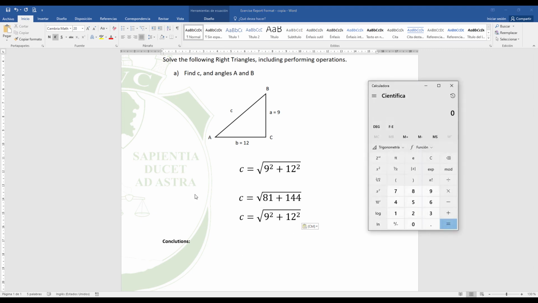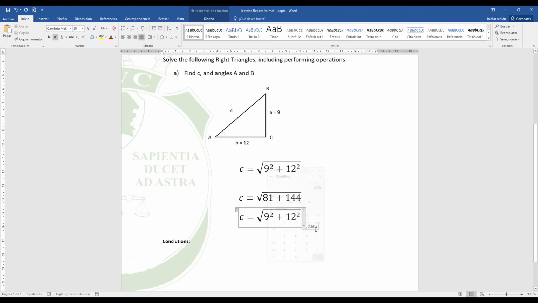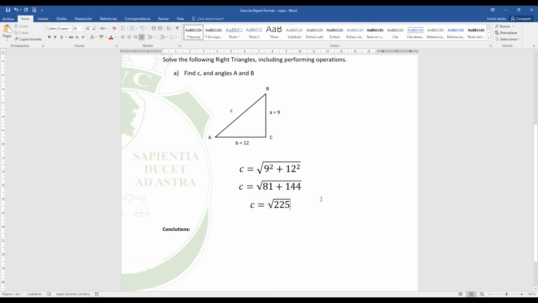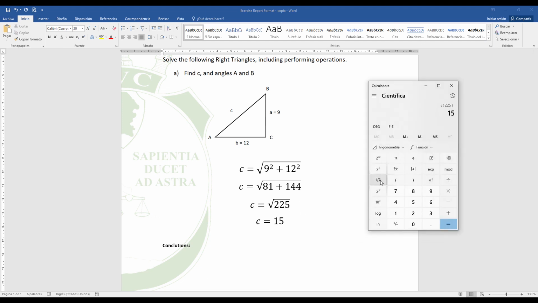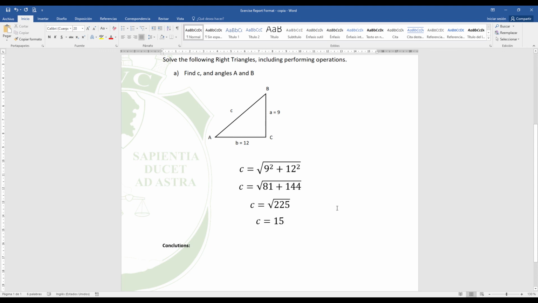Let me check, 20. And now, the square root, I think is 50.